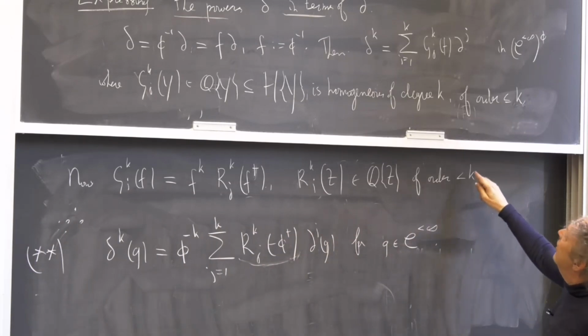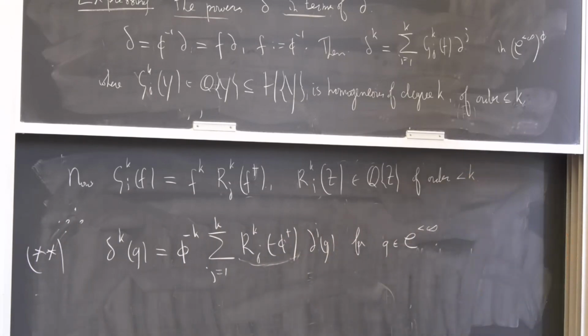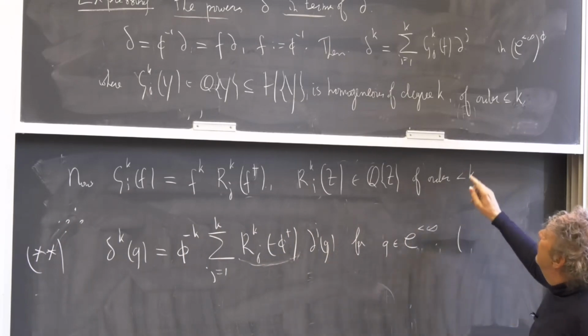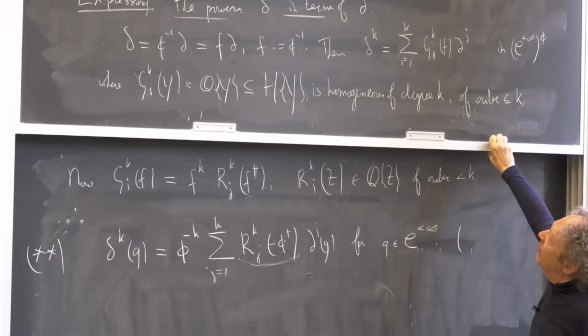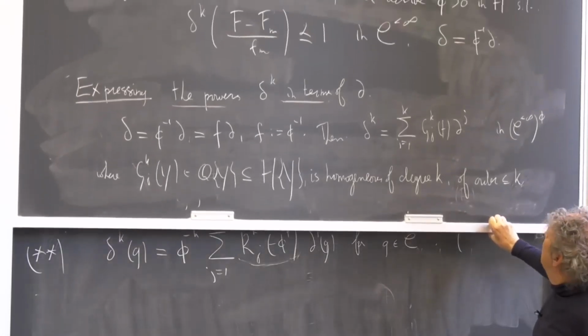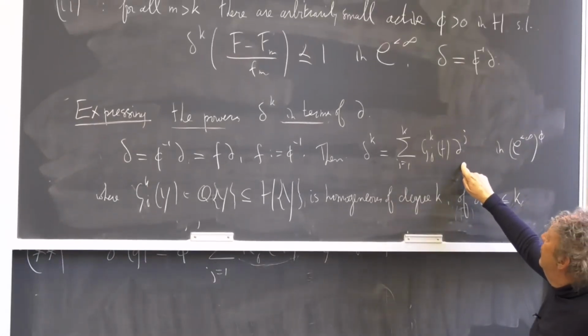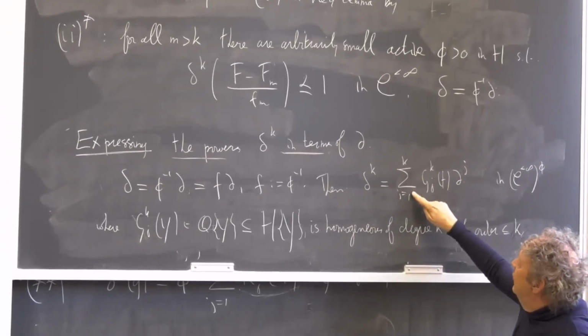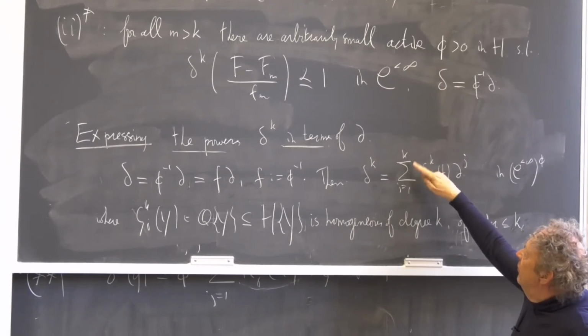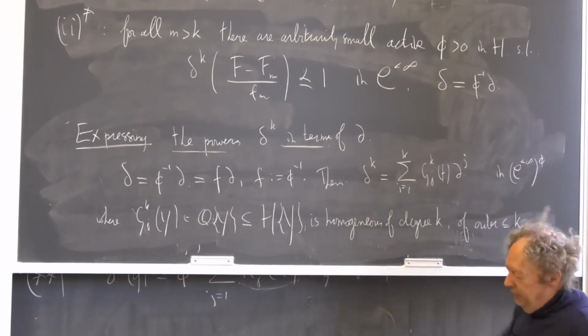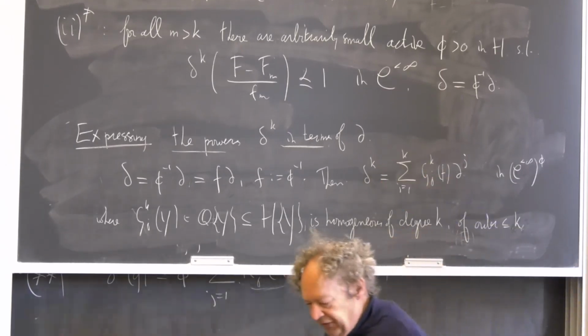I never said that k here is at least 1. For k is 0, there is really nothing going on. Strictly speaking, this is not true for k is 0, because the sum from j is 1 up to 0 would be 0, while delta to the 0 is simply the identity.